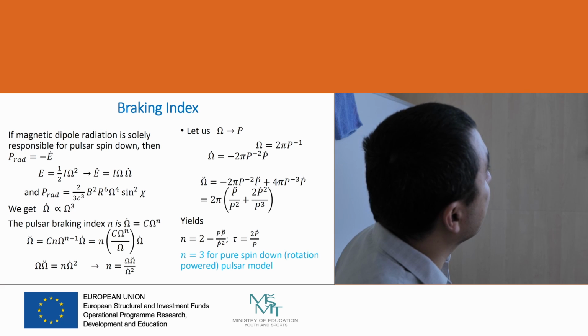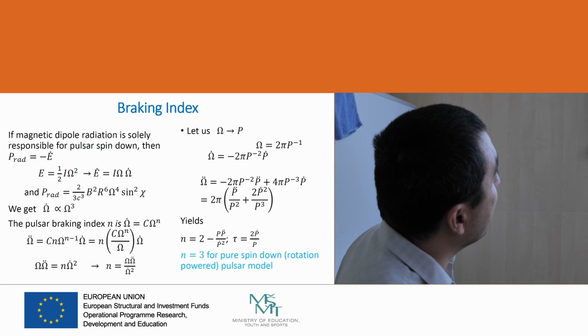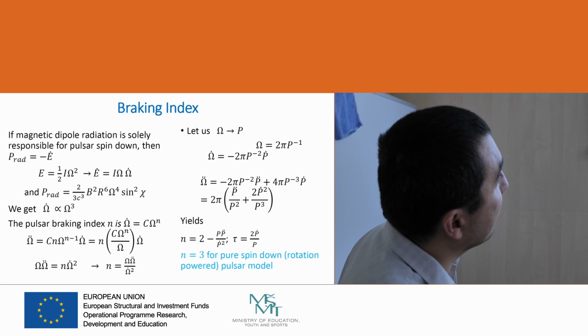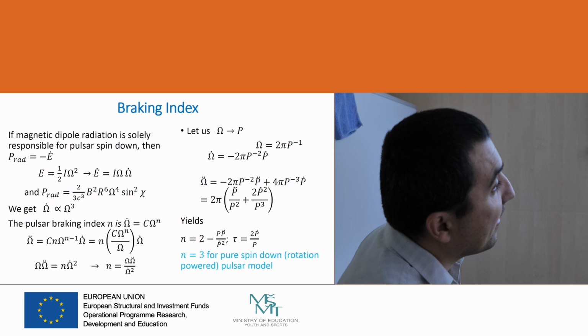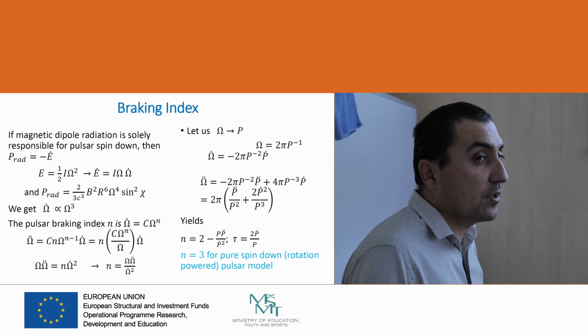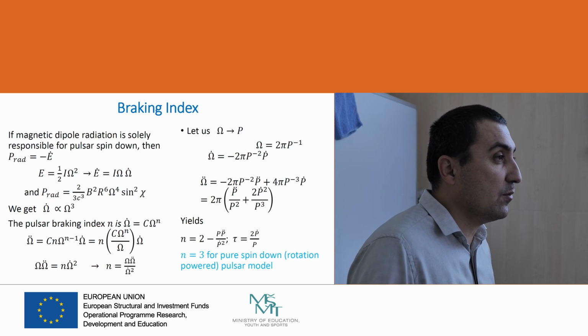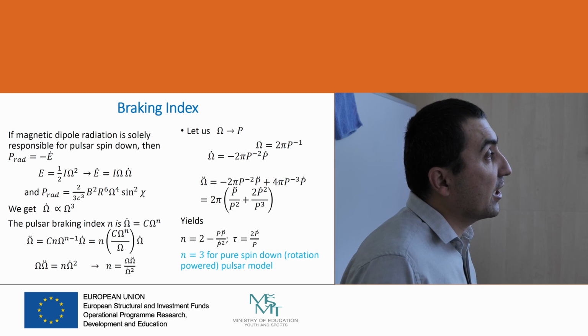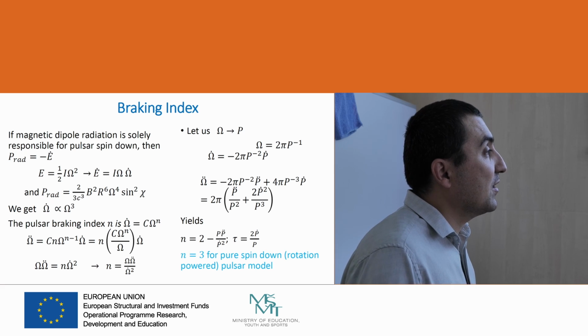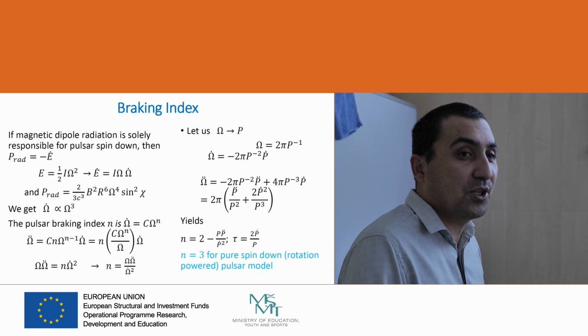We can get omega dot proportional to omega cubed for rotation powered pulsars. It means that this cube, this 3, we can change for a number n. It is the index, the braking index. For rotation powered pulsars we can see that it is 3. But how about observations? In observations it can be less than 3, so we can say that if it is less than 3, it is not purely rotation powered pulsars.